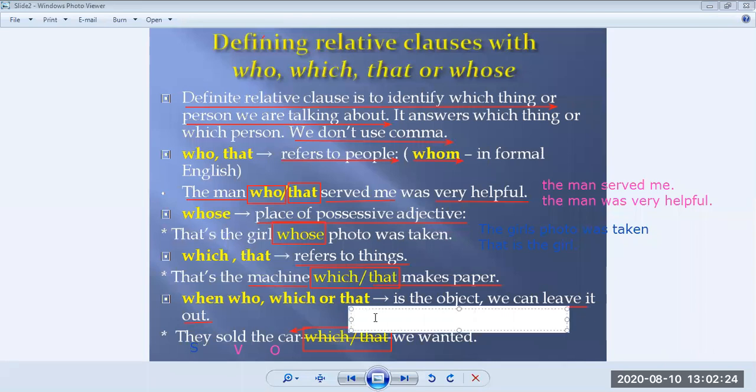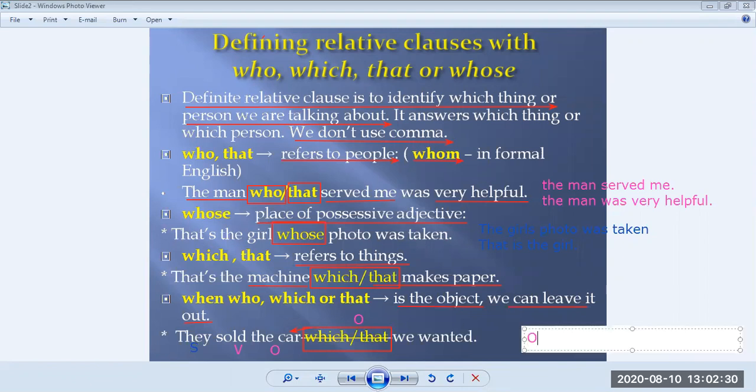In one sentence, we cannot use two objects, so you can remove it. Two objects cannot be together. That is why.